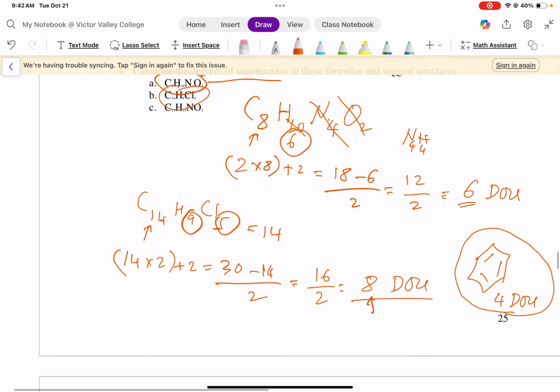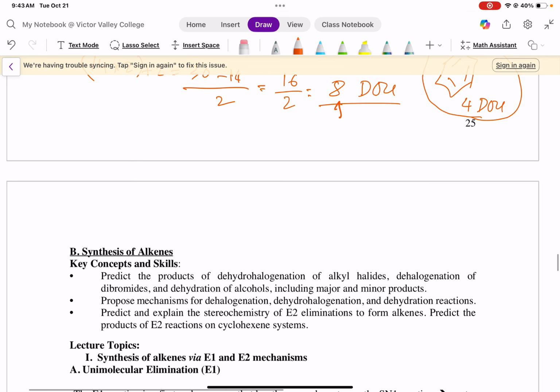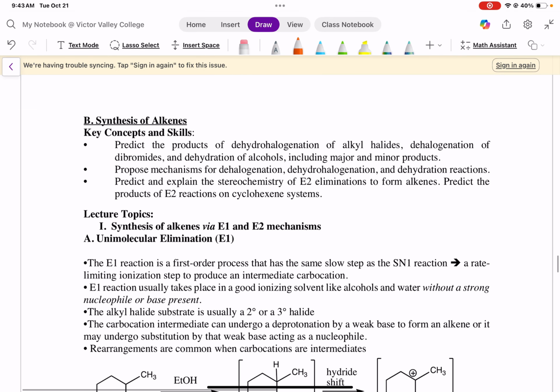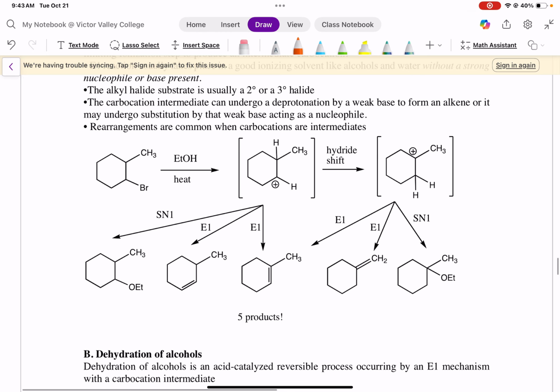Real quick on alkene synthesis, and then we'll finish it up next time. Now this is kind of a review of elimination reactions. Last time we talked about how the substitution reaction does not give us alkene, but elimination, doesn't matter what kind, E1 or E2, will give us alkene products.